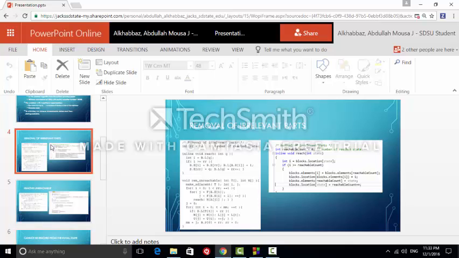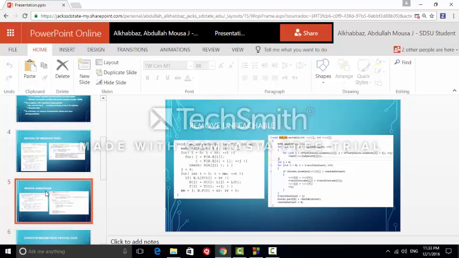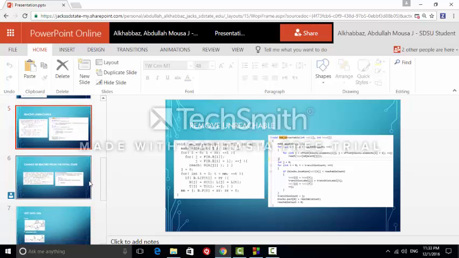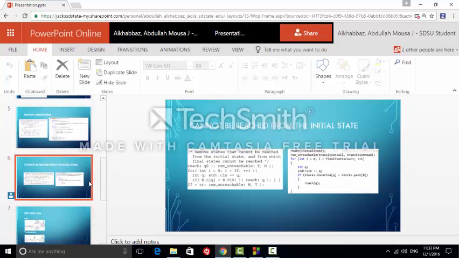This part shows the removal of the irrelevant parts in the DFA. This one shows how we tried to remove the unreachable states, and this one shows how we remove the states which could not be reached from the initial state.